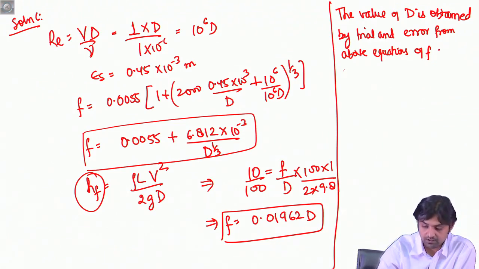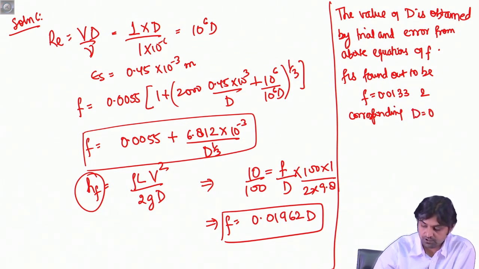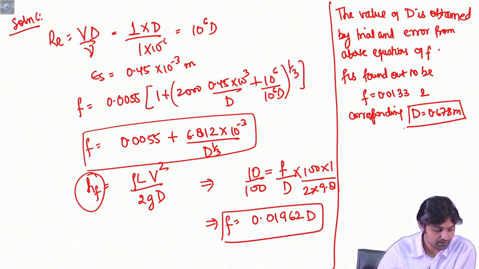Okay, and f is found out to be 0.0133 and corresponding d comes out to be 0.678 meters. All right.